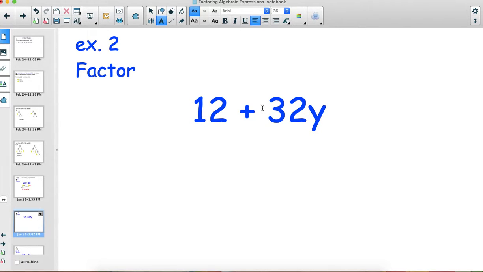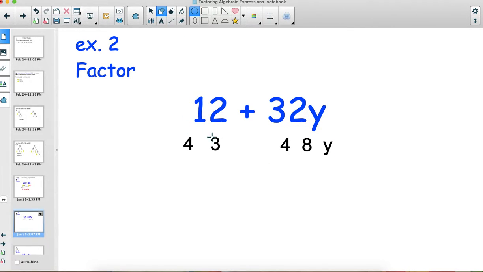I'm thinking the greatest common factor of 12 and 32y is going to be 4, because I know 4 times 3 makes 12, and I know 4 times 8 times y is going to make 32y. So let me put a little multiplication symbol here.